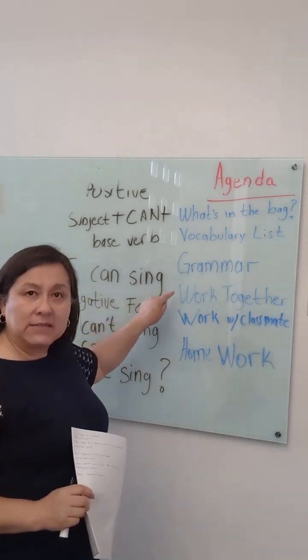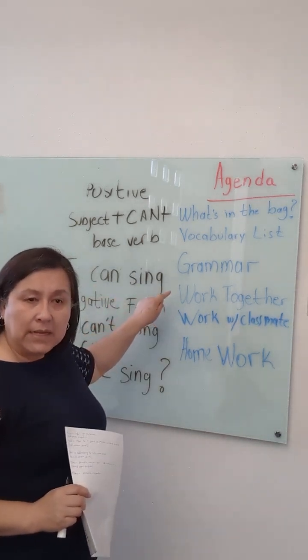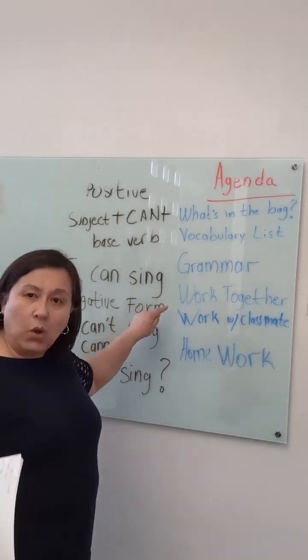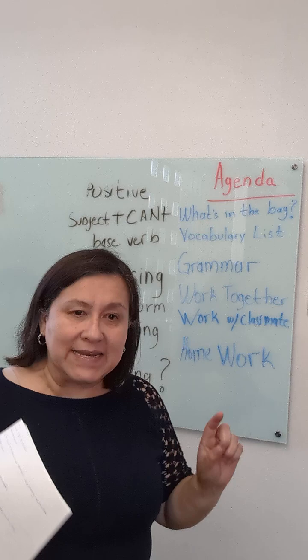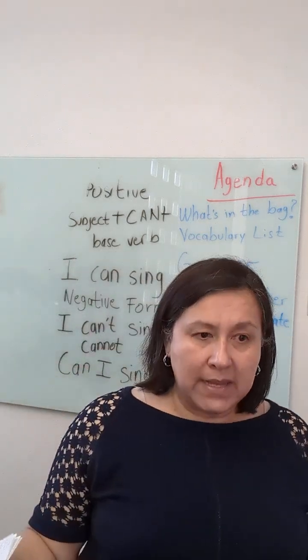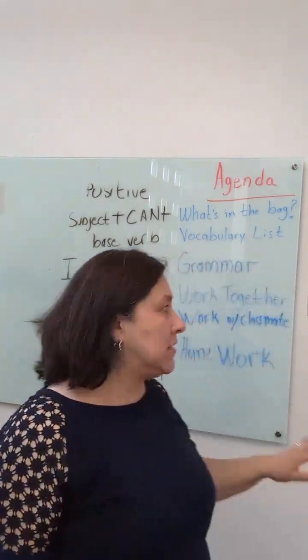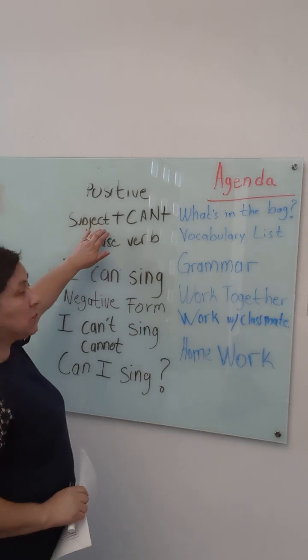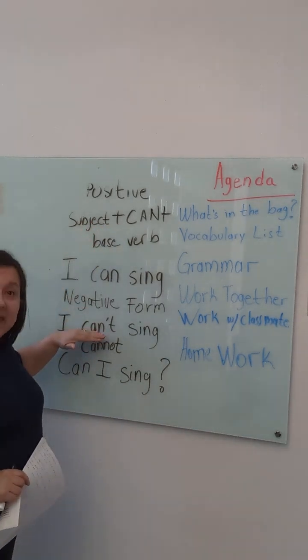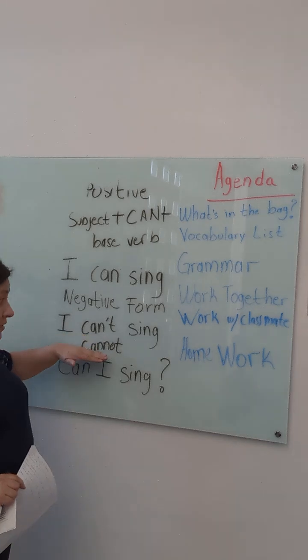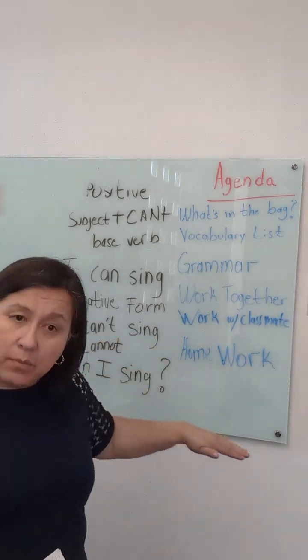I can sing, right? Now, if you look on your sheet, we have the next one, which is the negative form. And the negative form has the structure of the subject plus the negative, can't or cannot, and then the base verb.